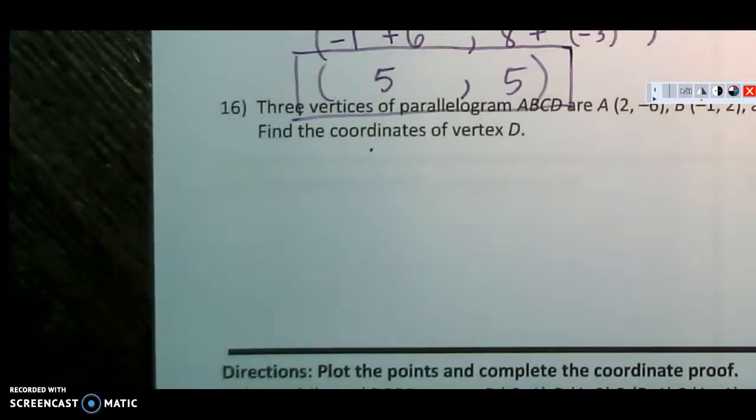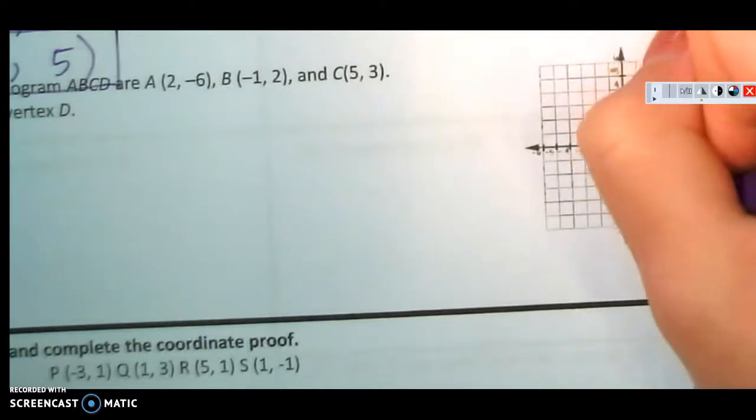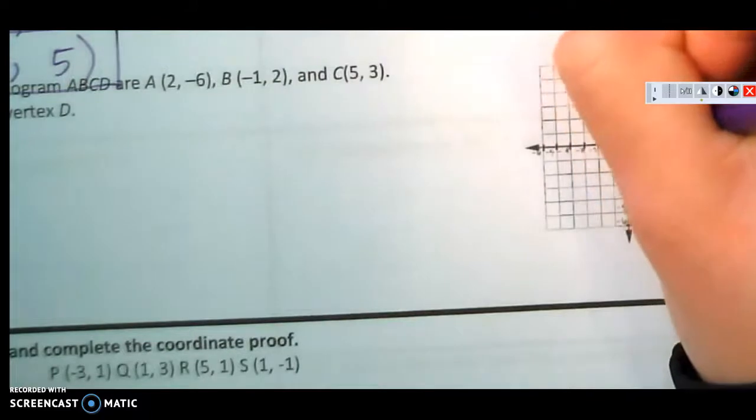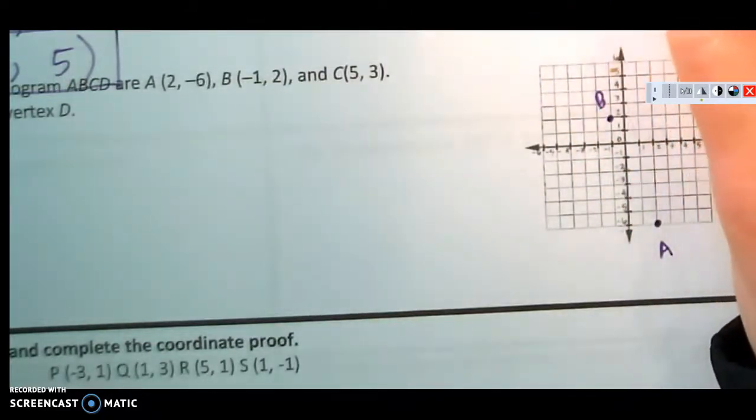And question number 16. 3 vertices of parallelogram ABCD are A, B, and C. So I'm going to plot these really quick: (2, -6), (-1, 2), and (5, 3).